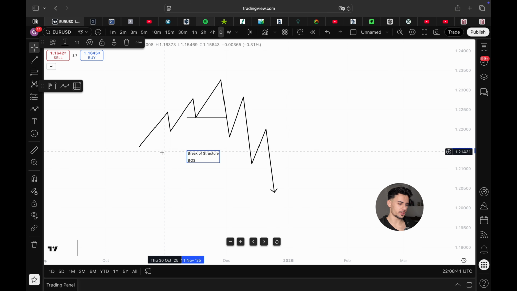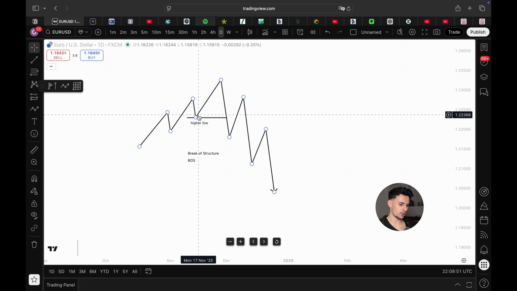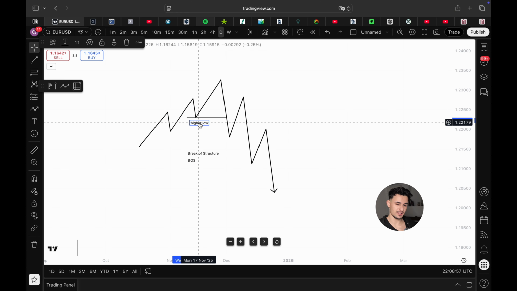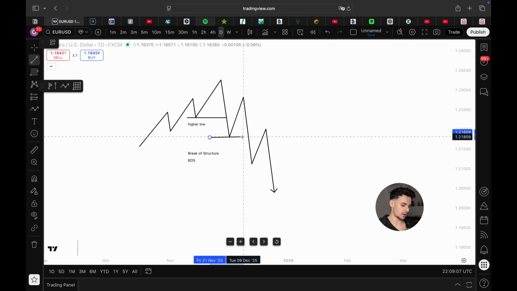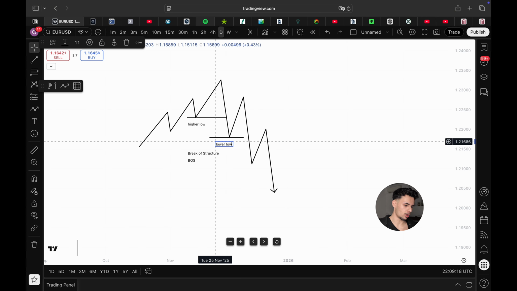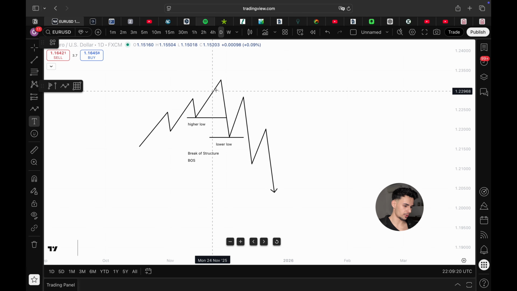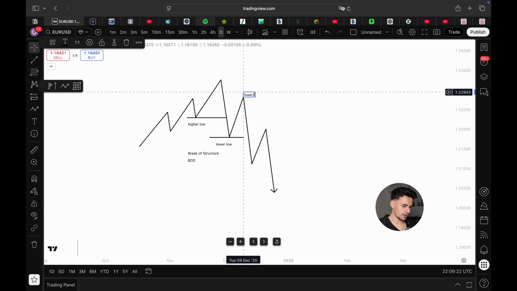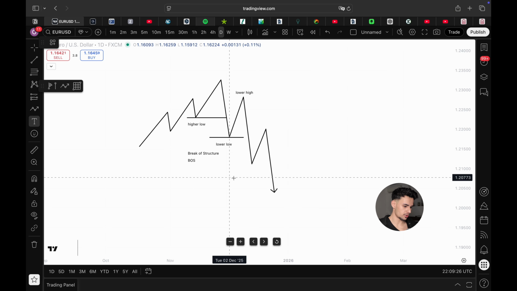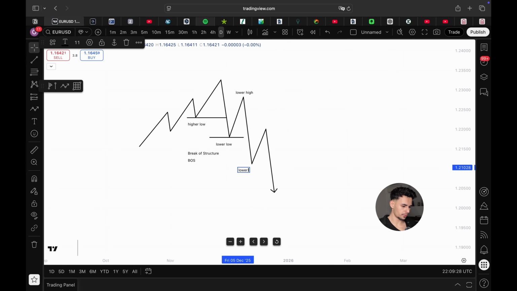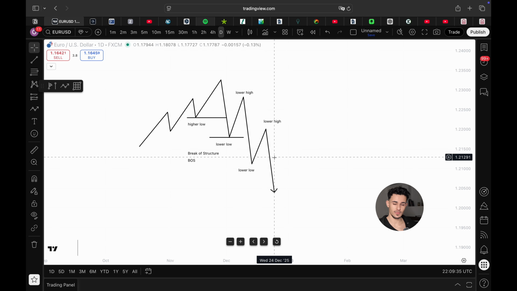So this higher low here got broken, and now this low here, the newly formed low, becomes our new, guess it guys, exactly our new lower low, followed then by our lower high, before actually creating our new lower low, which then retraces and we have a new lower high.